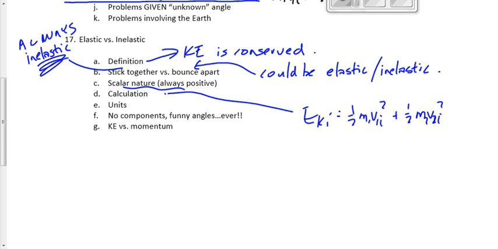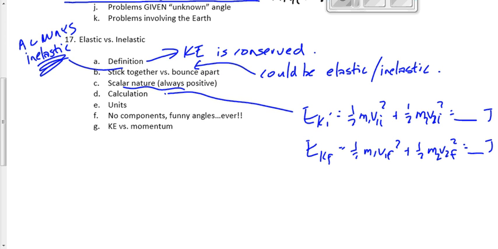Get a number. Do the same thing for the final. And if those two numbers are the same, it's elastic.